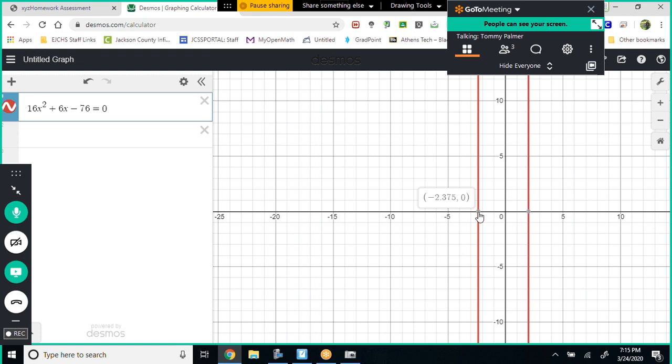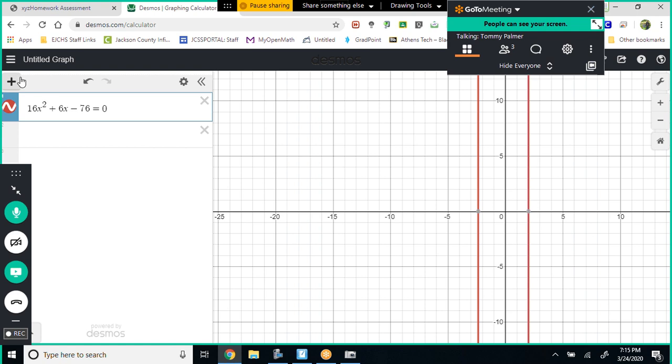Just to get used to doing some things graphically, most of us don't have a graphing calculator, a lot of our students don't get a TI-83 or TI-84 or whatnot, but Desmos is online, and as long as you can type that in, it's great.